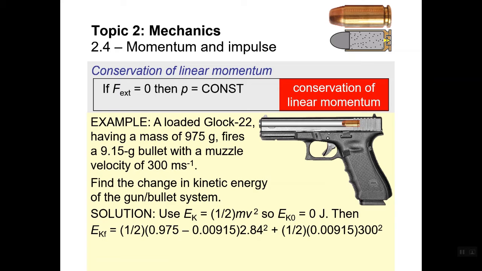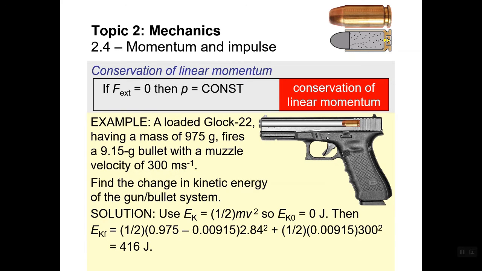The mass of the Glock is total mass minus the mass of the bullet, times the recoil velocity of the Glock squared, plus the final kinetic energy of the bullet, which is 1/2 times 0.00915 times 300 squared. That gives us 416 joules.